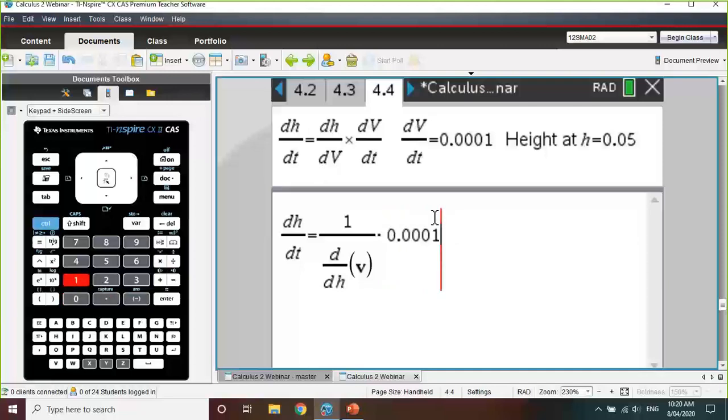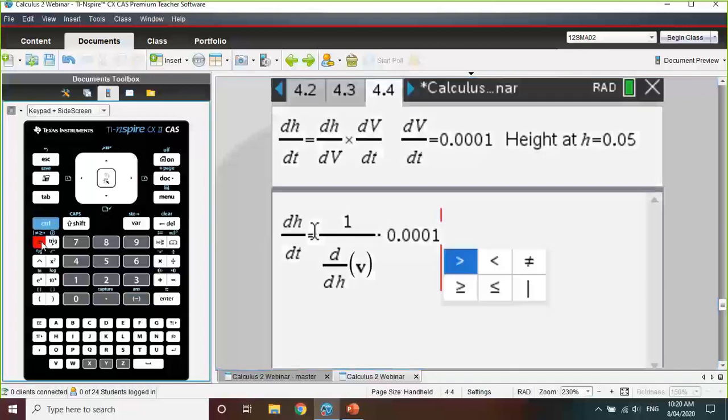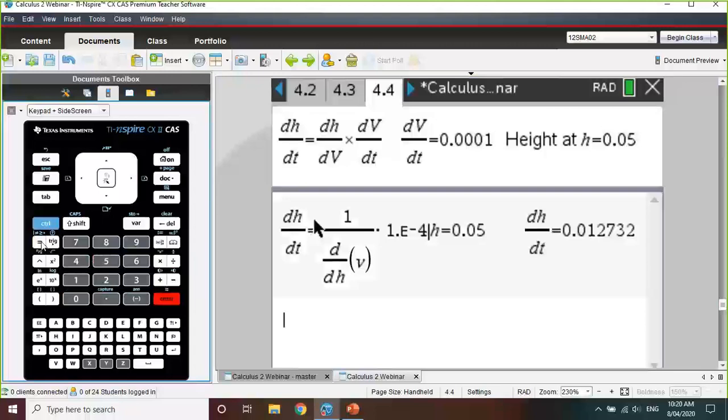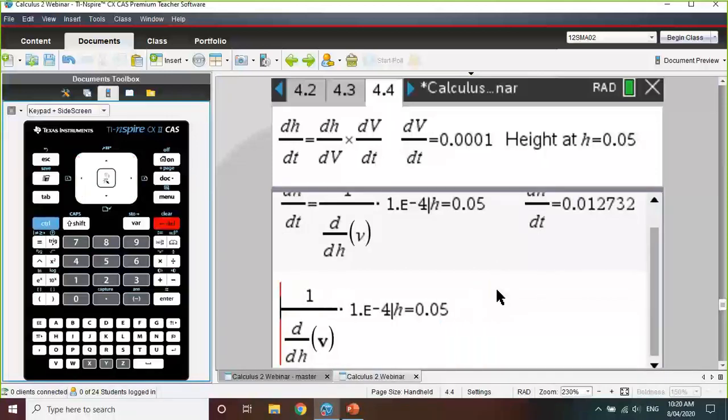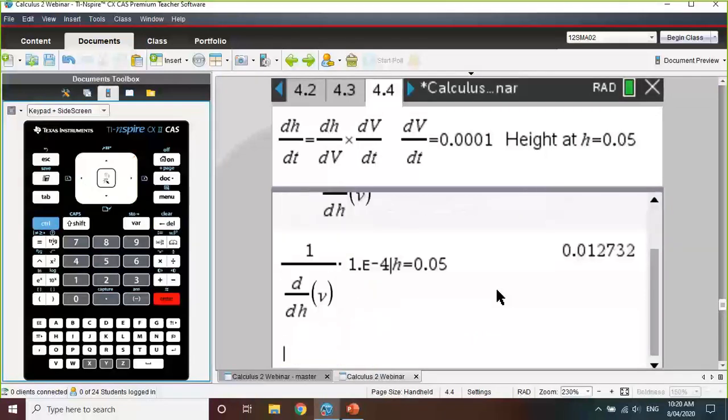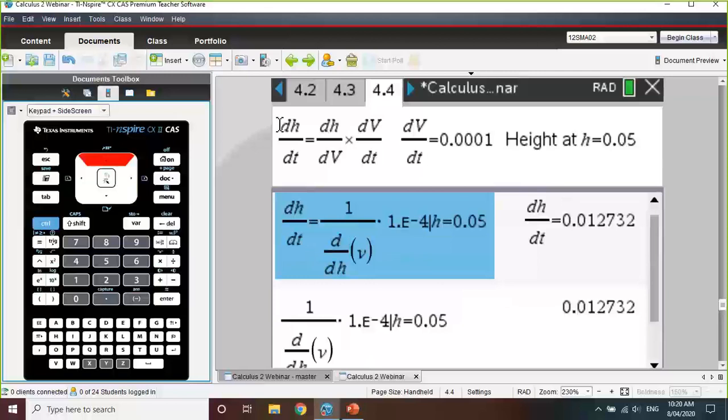Okay, we can go ahead and do that. And then we want to find out what the height is at 0.05. So you can substitute in a value of H, when H is 0.05, and get our rate of increase straight away there. Okay, and like before, in an exam situation it would be easier and more efficient to simply work out what this is. You don't have to type in the dH/dt or the initial rate you're trying to find.